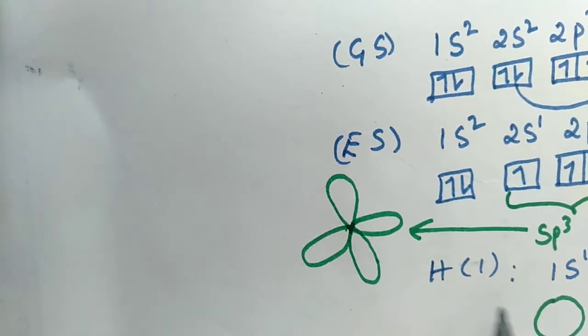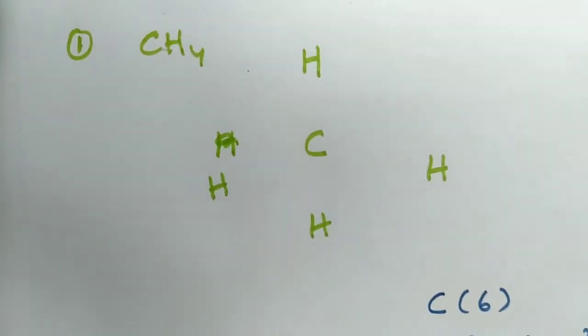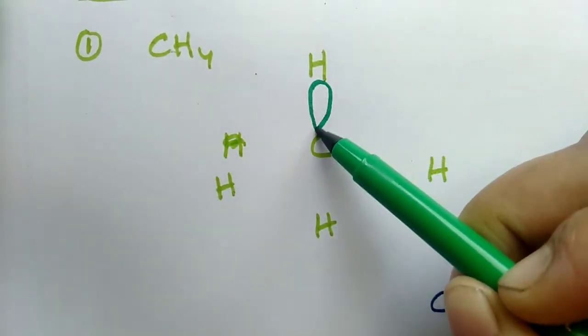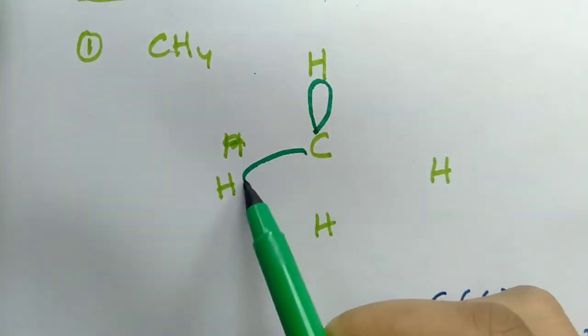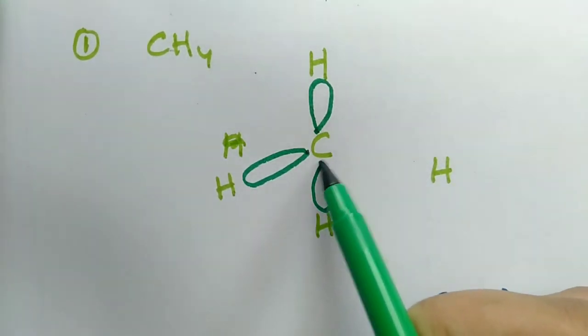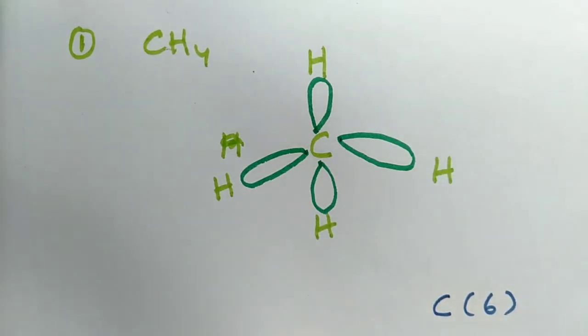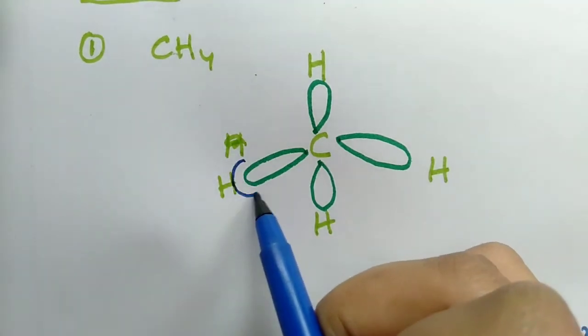After knowing these two, go back to this one. Now draw the sp3 hybrid orbitals like this. Okay, now for hydrogen, the s orbital is spherical, so draw like this.